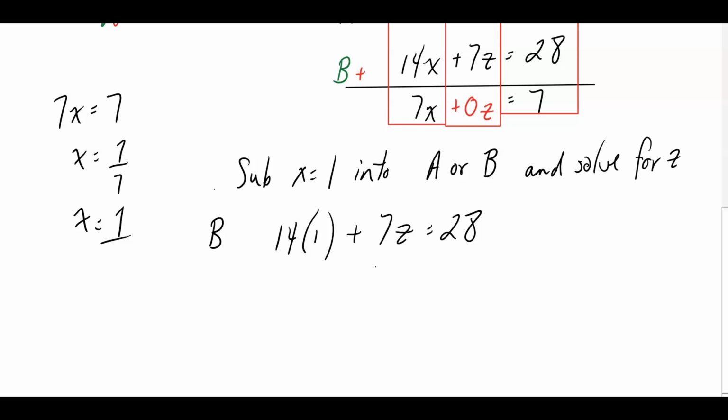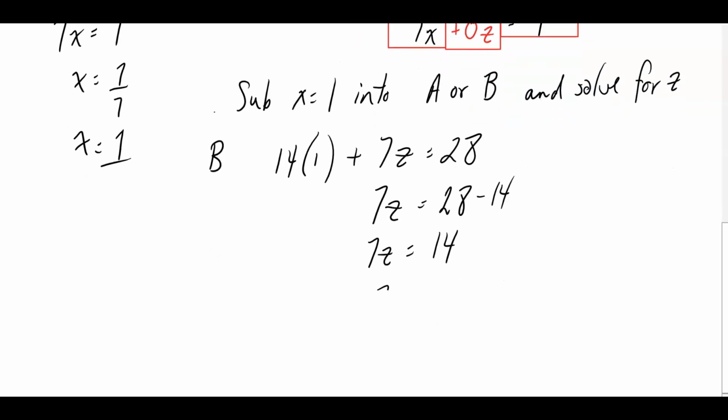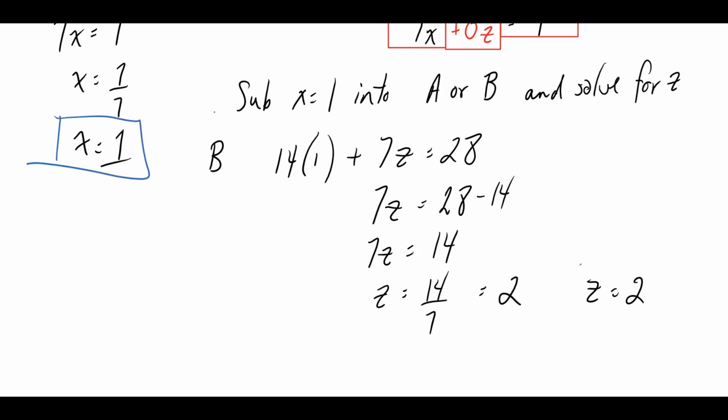Okay, 7z equals 28 minus 14. 7z equals 14, or z equals 14 over 7, which equals 2. So now we have z equals 2. That's the second part of our answer, we just need y now.